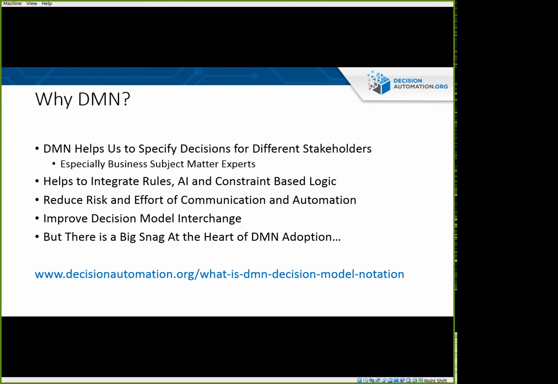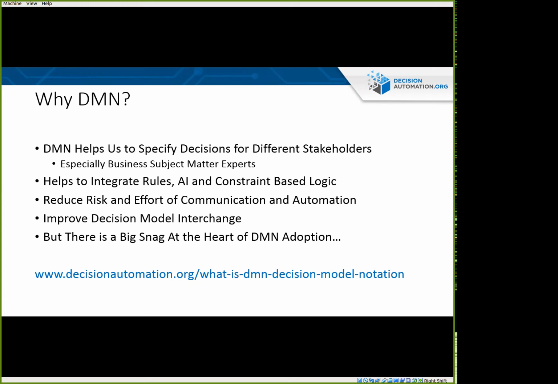DMN integrates business rules, AI, machine learning, constraint logic, and very soon, I hope, additional paradigms into one coherent framework, both for the specification of decisions and the automation of them. It reduces the risks of miscommunication, and it eliminates the information loss that's typically associated with key personnel leaving a company.